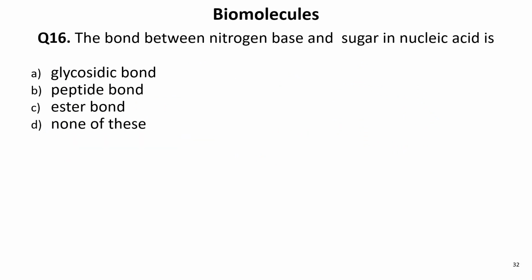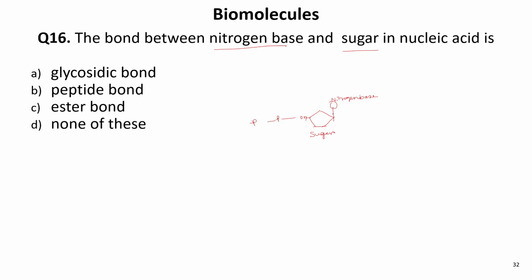Okay, moving to the next question. The bond between the nitrogen base and the sugar in the nucleic acid. So if we form a nucleotide, there is a sugar molecule, and with this a nitrogenous base is attached here. Suppose this is the sugar, and with this hydroxyl group, phosphate groups are attached.